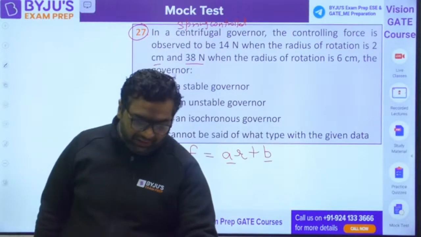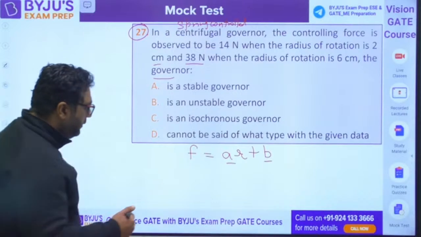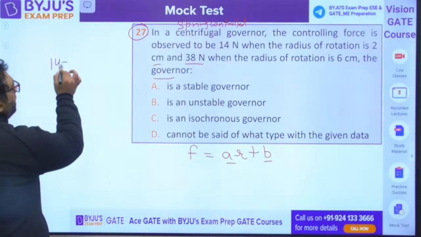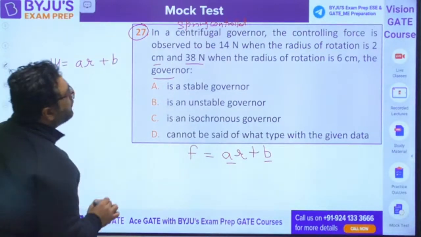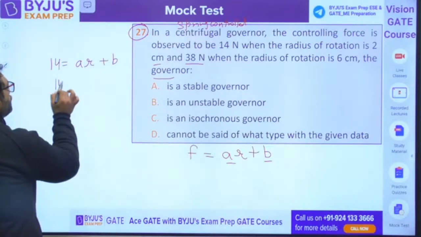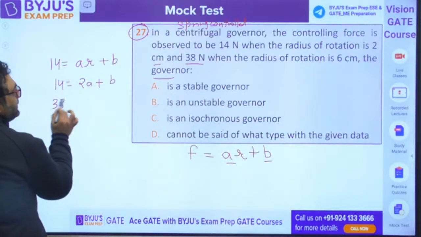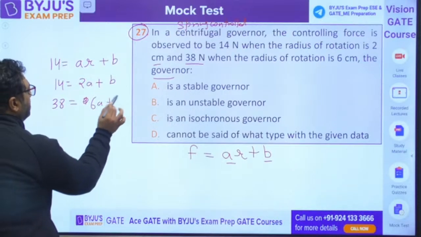When you find out the values of a and b, what are you getting? You will put the value 14 Newton in aR plus b, radius of rotation is 2 centimeter. So 14 is 2a plus b. 38 is 6a plus b.